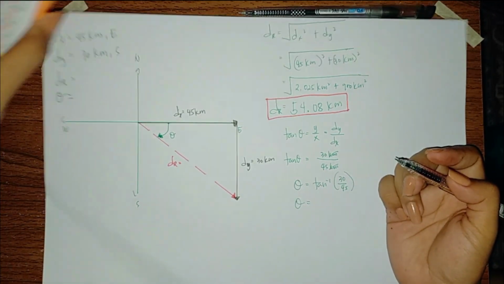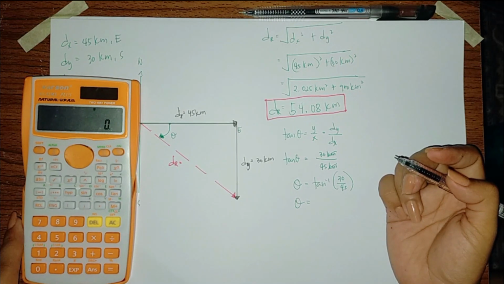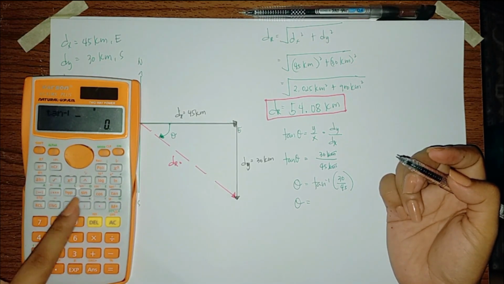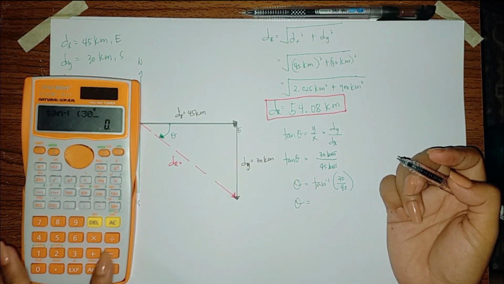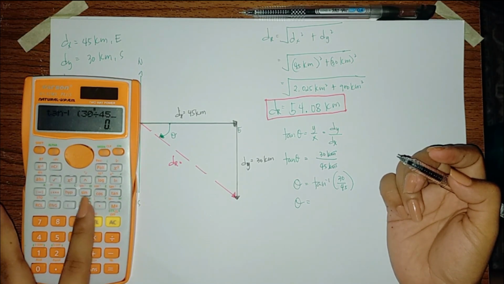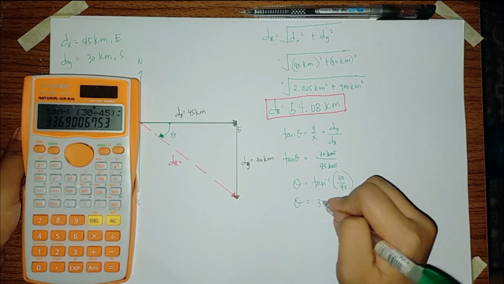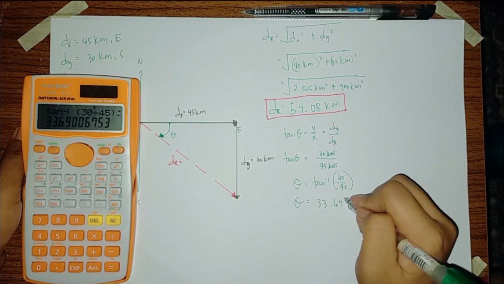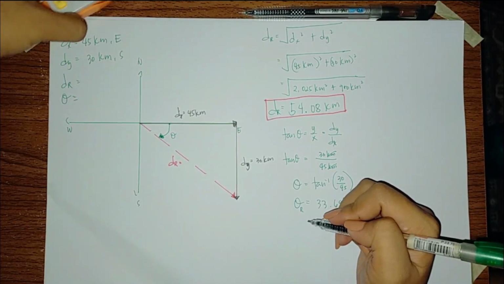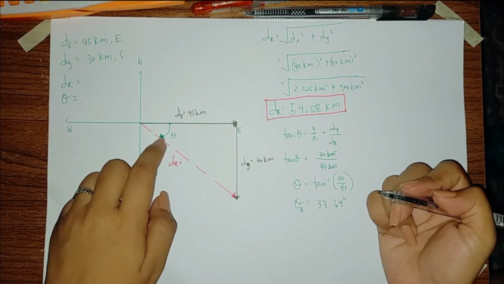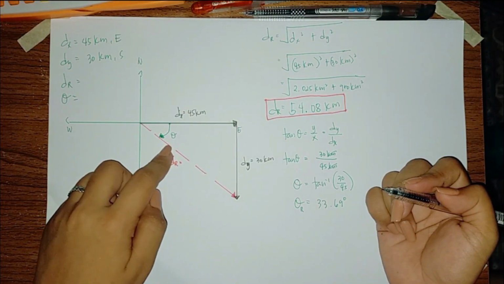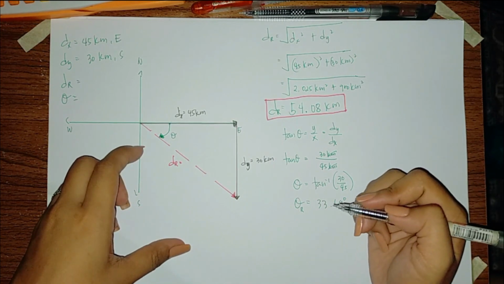Okay. So, using our calculator, let us solve. Shift tan 30 over 45. So, we have 33.69 degrees. This is for our reference angle. Now, take note that our reference angle is located in the 4th quadrant.